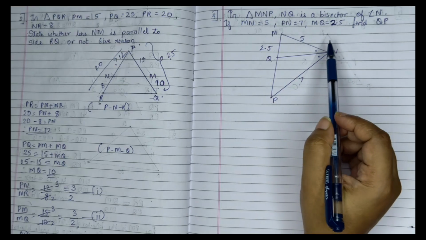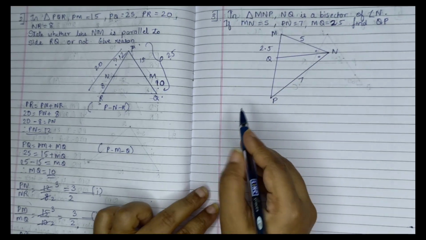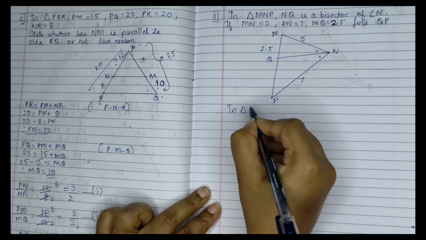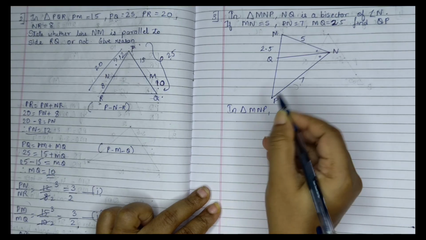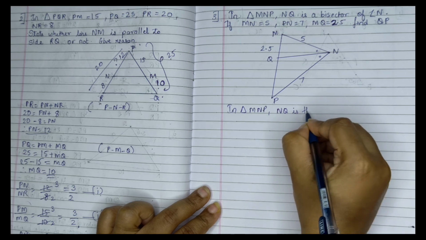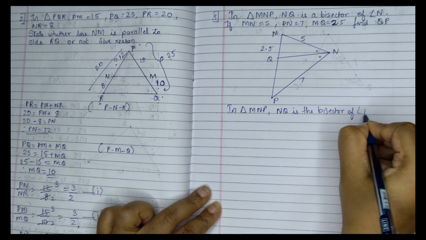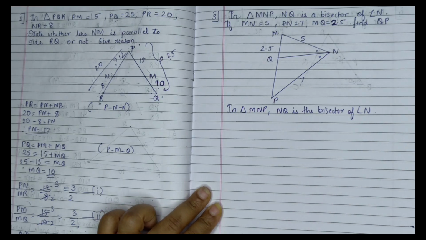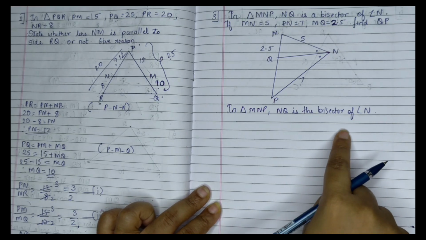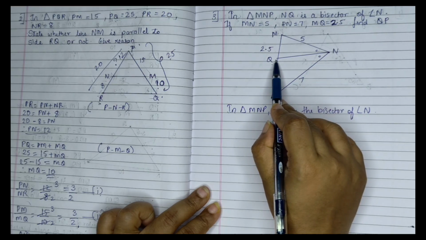Now when they have said this, we can write it down first. In triangle MNP, NQ is the bisector of angle N. In the first part I told you that if NQ is the bisector, we can use the angle bisector theorem.